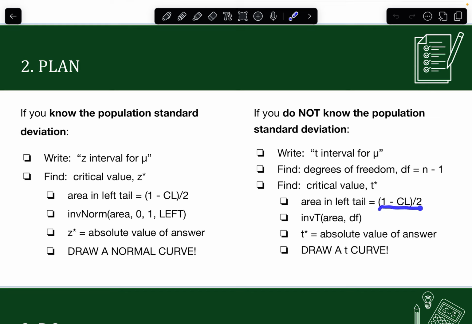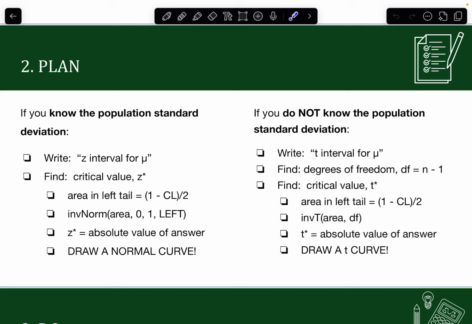You'll notice area in the left tail is 1 minus the confidence level divided by 2. And instead of inverse norm, we're using inverse t, which only asks for 2 pieces of information. What is the area in the tail? What is the degrees of freedom?